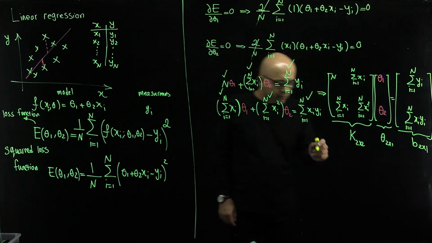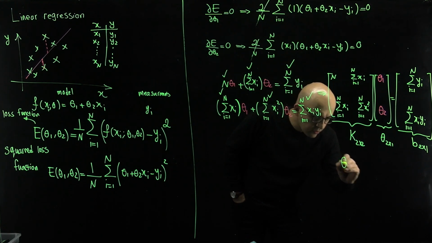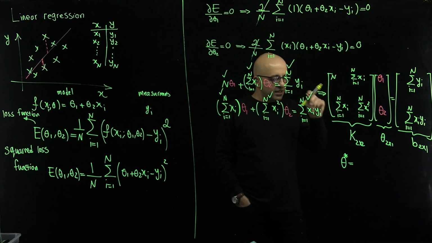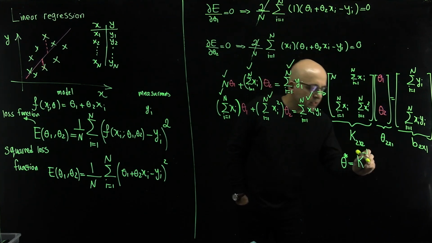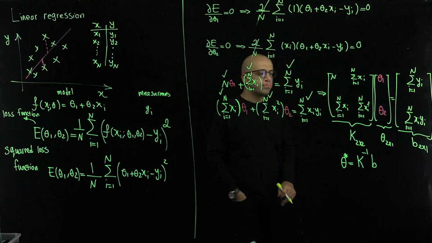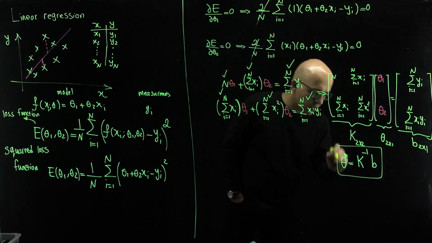Okay, so now we can write the solution of this system, and I'm going to show that with the star, because that's the optimal point, is equal to the inverse of this matrix times this vector. Okay, so that's the optimal solution here.